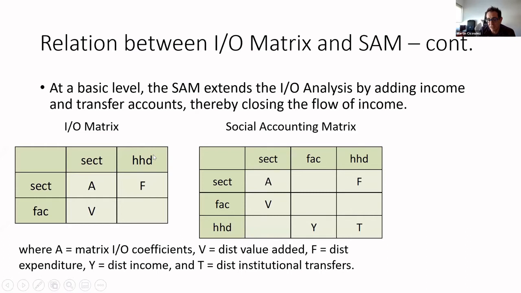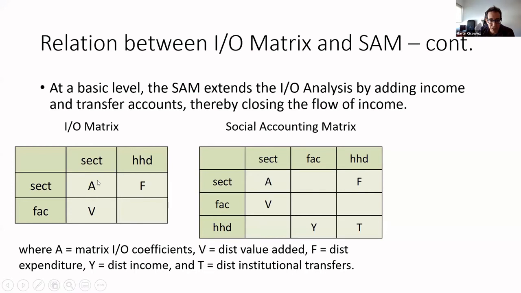And I'm here calling it households. So this is what you have in an input-output matrix. It's a very small one, but this is basically what you have. You have the sectors making payments to the sectors themselves, because here we don't usually distinguish between activities and commodities, so we consider them together.